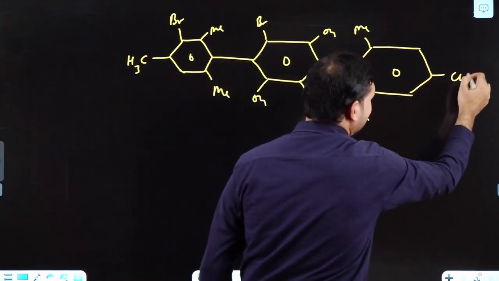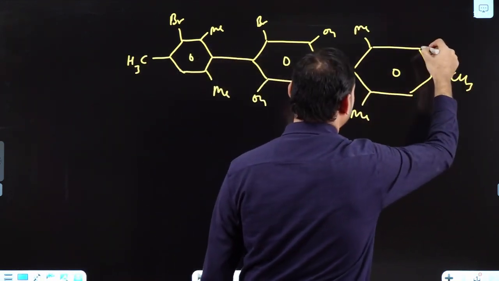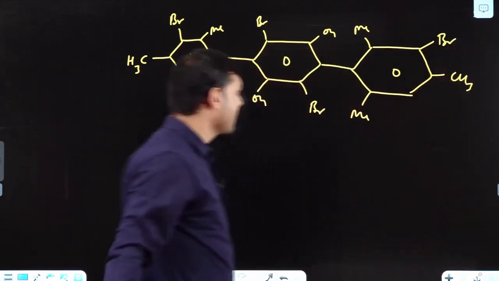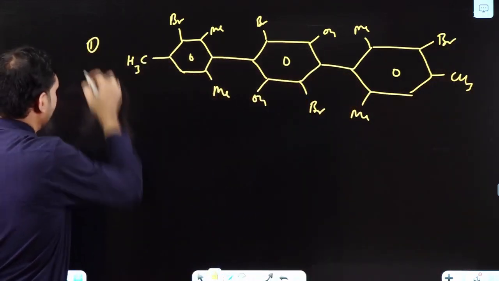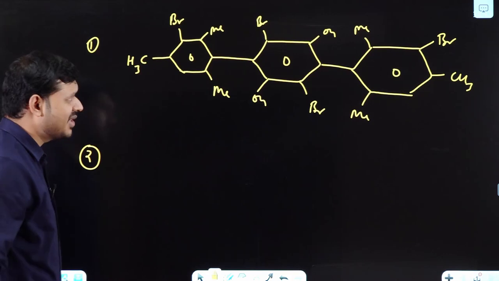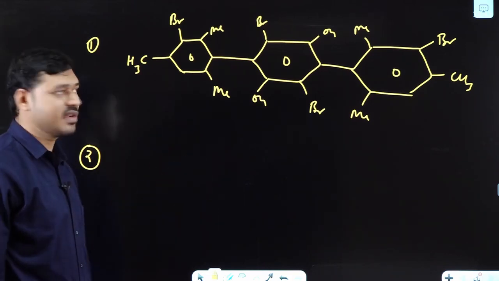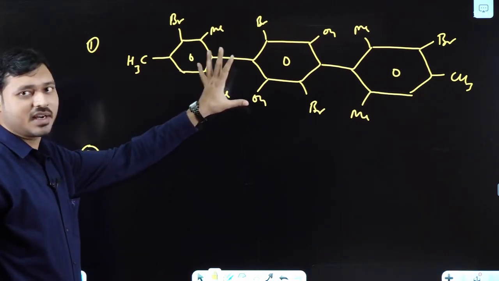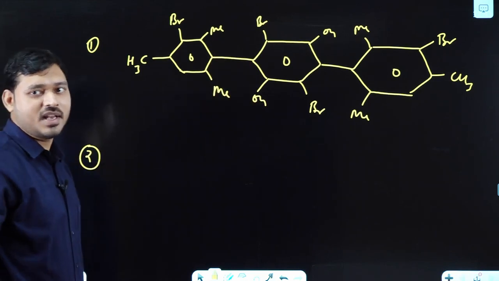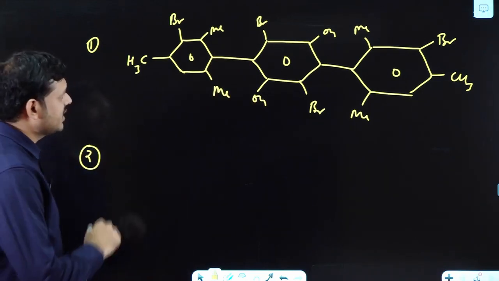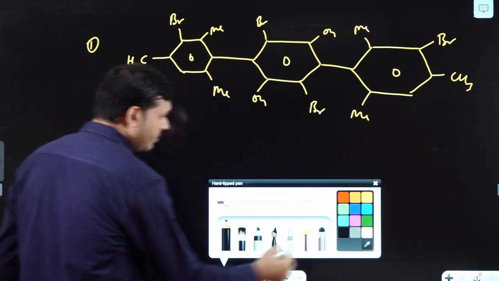Don't be tense with this example, okay? It is a very simple example, don't worry. In this example you have to observe whether this compound is optically active or optically inactive. So students, just observe.